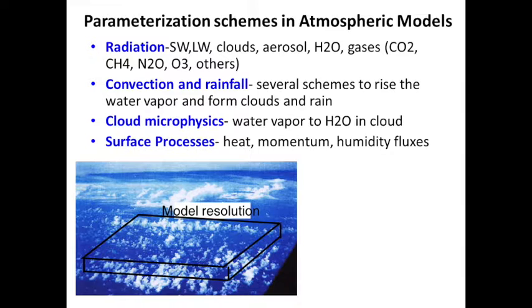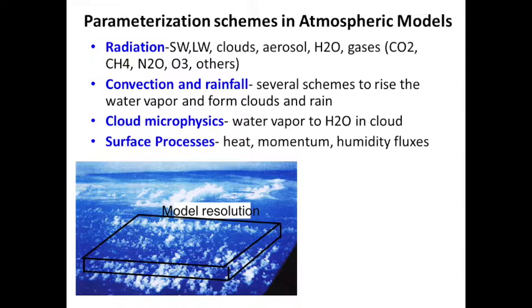Every time a model is evaluated, it needs to improve for the next generation, and then all these schemes are being improved as well. And cloud microphysics is introduced in the recent models.